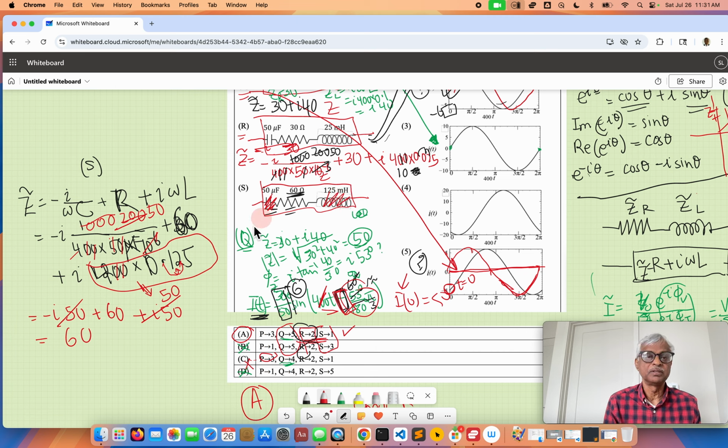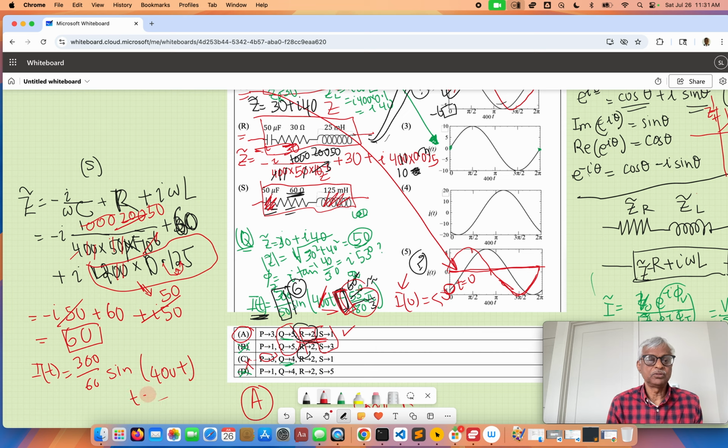But they're there, because I can just treat it as the resistance, as with this resistor circuit. So I can just write down I of t is going to be 300 over 60 sine 400t.